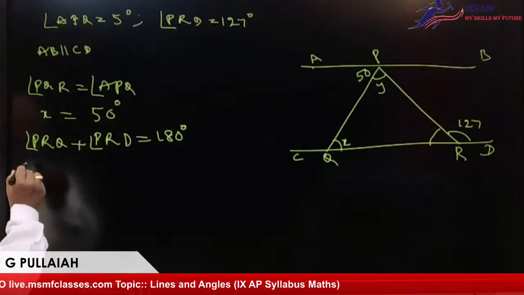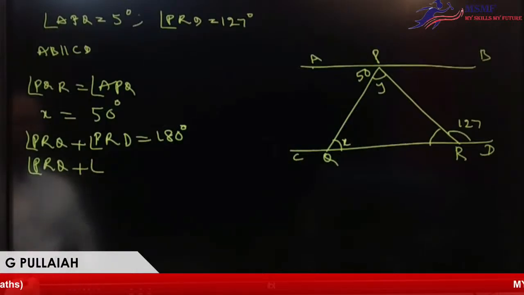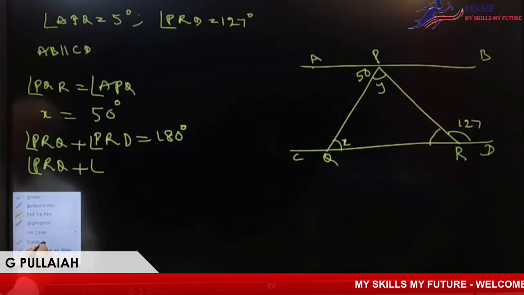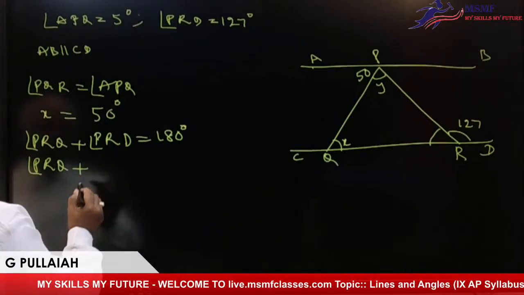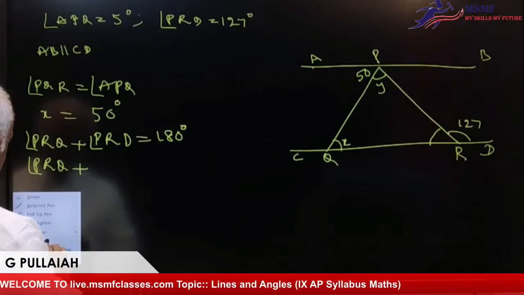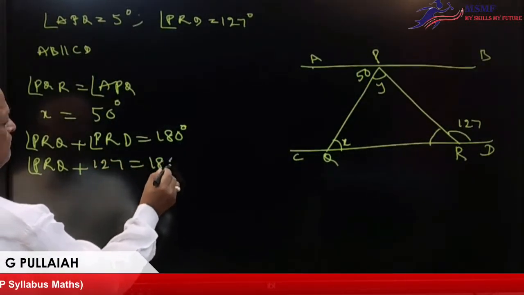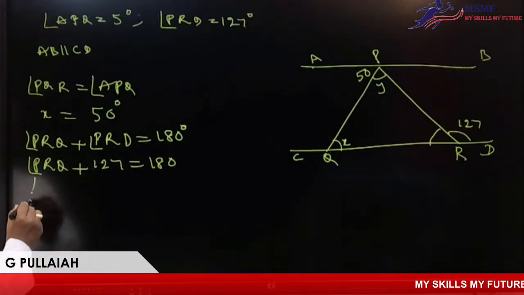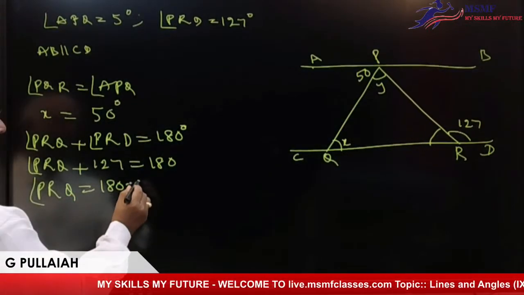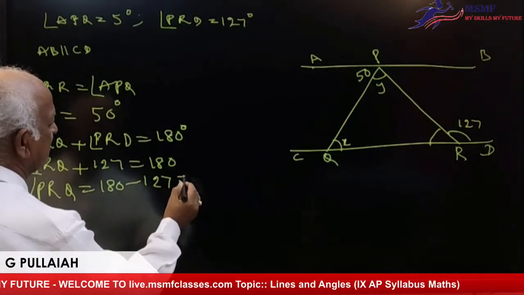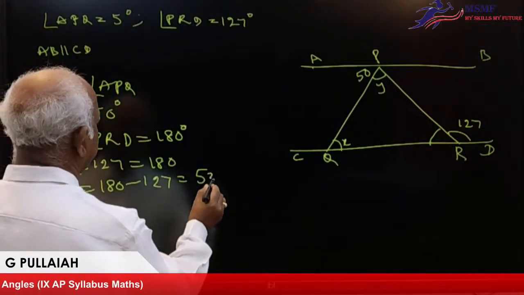It is given that PRD is 127. Therefore, PRQ is 180 minus 127, that is equal to 53 degrees.